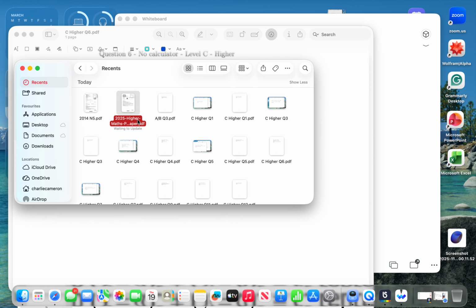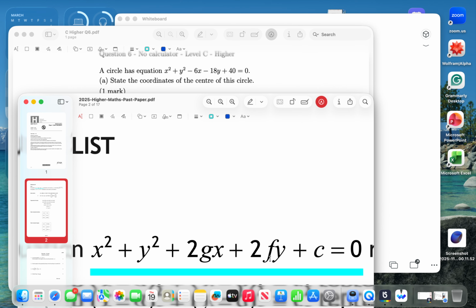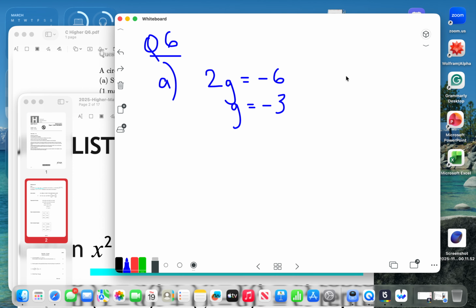But you also get that 2f is minus 18, because the only term in y, not y squared, is 2f on the equation in the sheet, and in the question it's minus 18y. So 2f has to be minus 18.